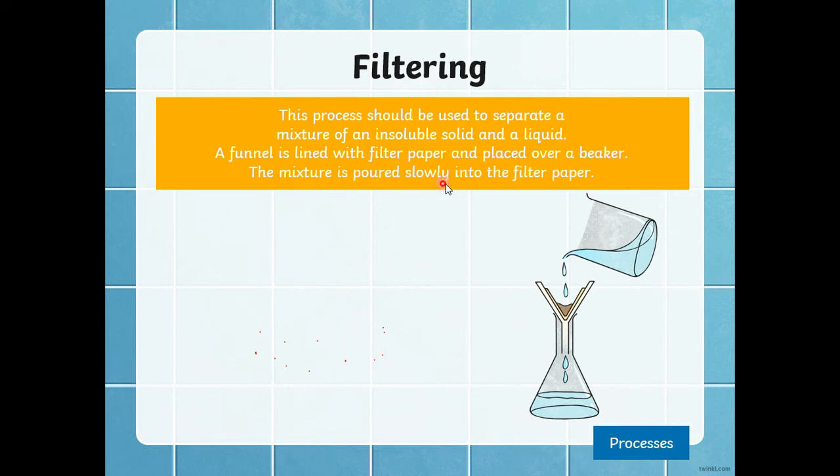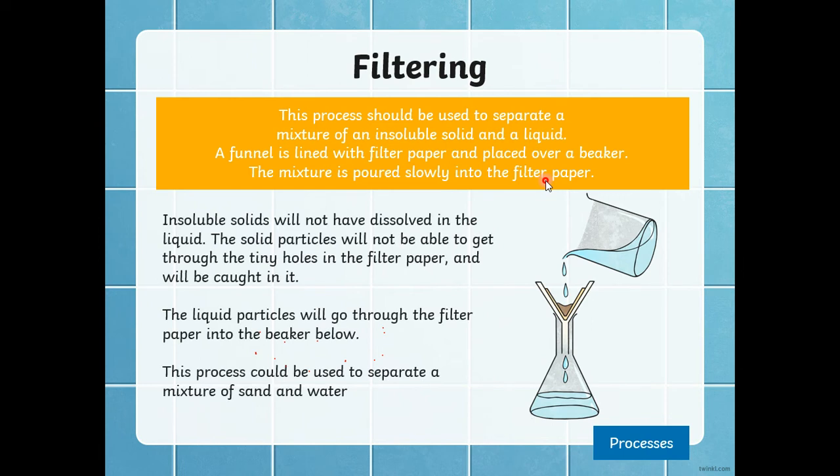The mixture is poured slowly into the filter paper. Insoluble solids will not have dissolved in the liquid. The solid particles will not be able to get through the tiny holes in the filter paper and will be caught in it. The liquid particles will go through the filter paper into the beaker below. This process could be used to separate a mixture of sand and water.